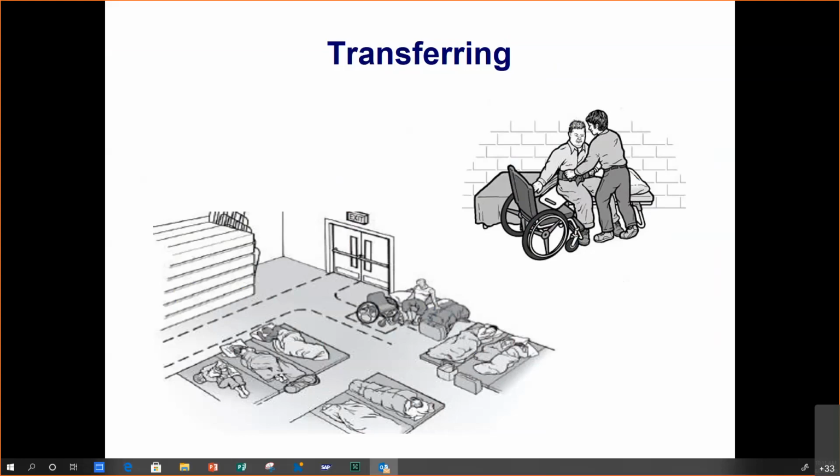You may need different devices that help with the transfer, like a transfer board that can be found in the mass care support trailer. It may be that that individual needs what we call an accessible cot, and we'll show some examples of those in a little bit, but that allows a wider space for that transfer and more stability, because it's a little bit bigger cot than the really narrow ones that you often see in general population shelters.